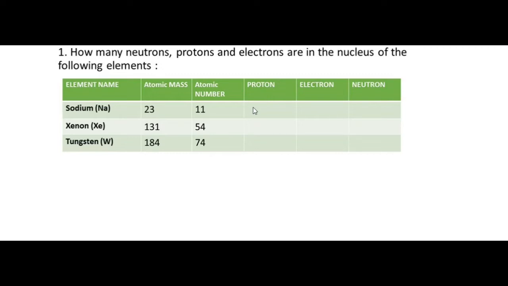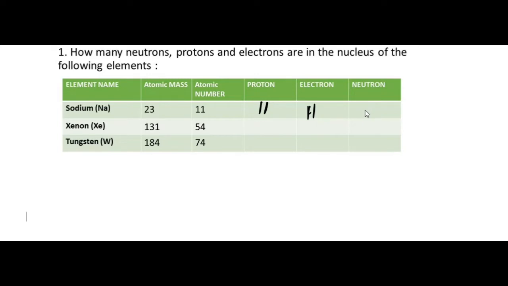All right. So we know that the atomic number is 11, and we know the equation: atomic number is equal to protons, and protons are equal to electrons. So protons would be 11, electrons would be 11. Now, we are missing the neutrons.